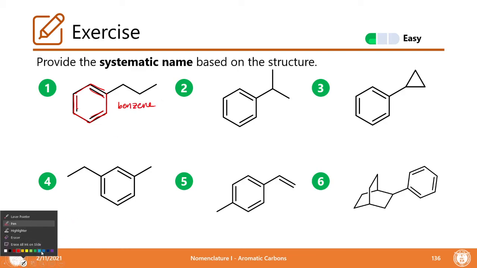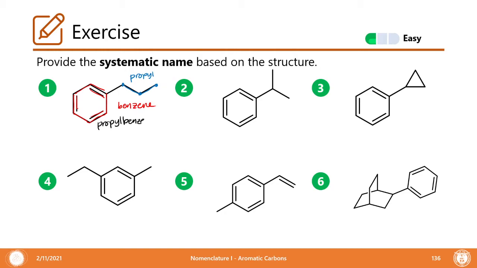Next, we identify the carbon atoms or the substituents here. So we have a propyl group, and so the name is propylbenzene. Propylbenzene. Okay.